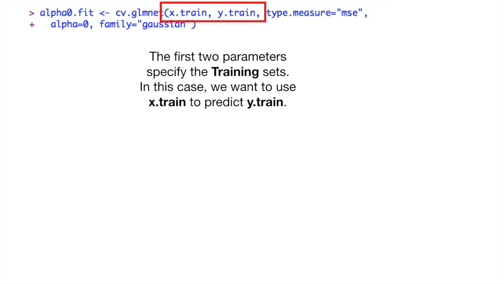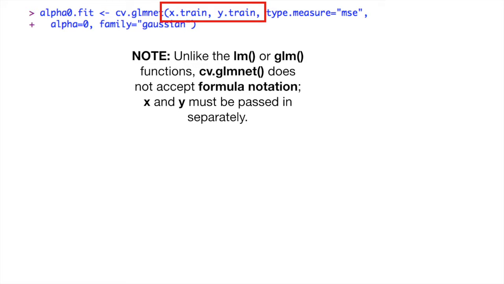The first two parameters specify the training sets. In this case, we want to use x.train to predict y.train. Note, unlike the lm or glm functions, cv.glmnet does not accept formula notation. X and y must be passed in separately.